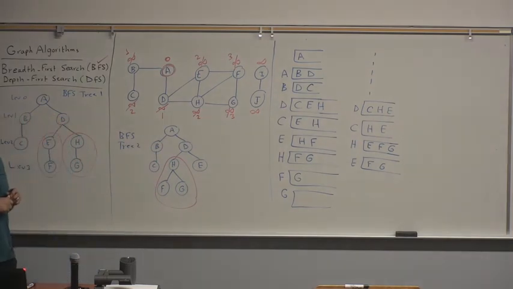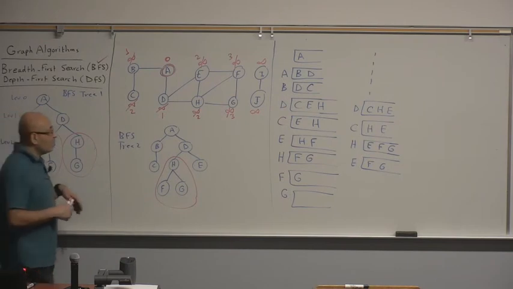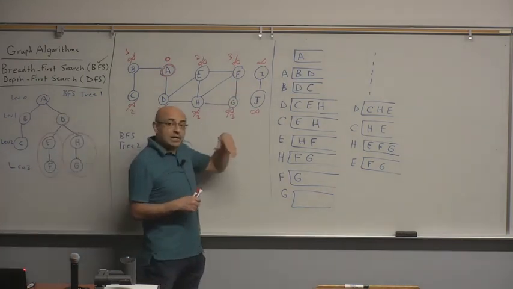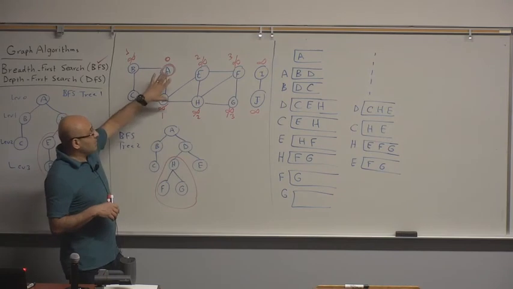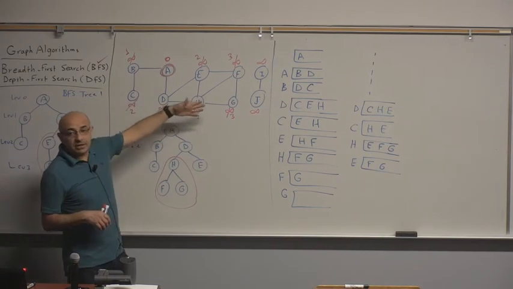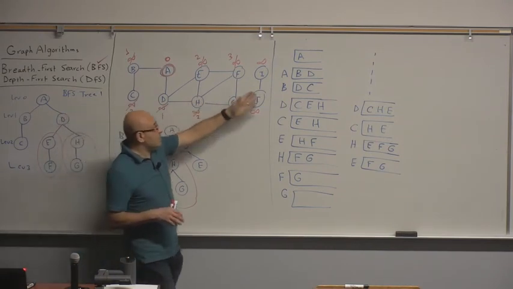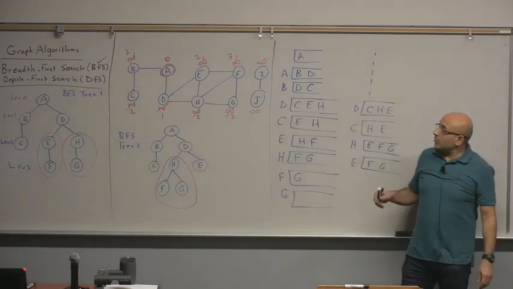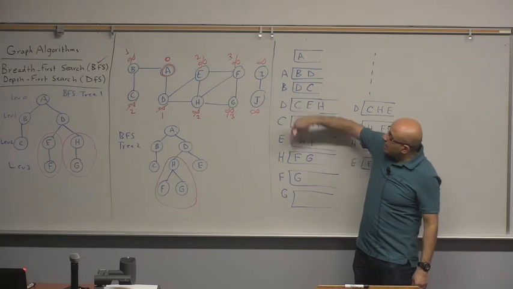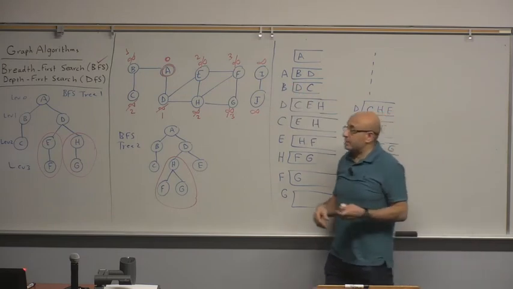So now this algorithm helped us identify the reachable vertices. All the vertices that have finite distances are reachable, and the vertices that have infinite distances are unreachable. So the algorithm identified these unreachable vertices.